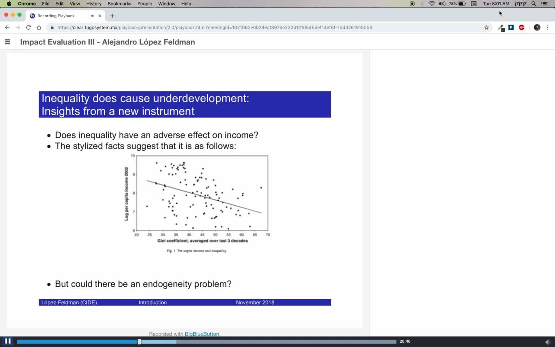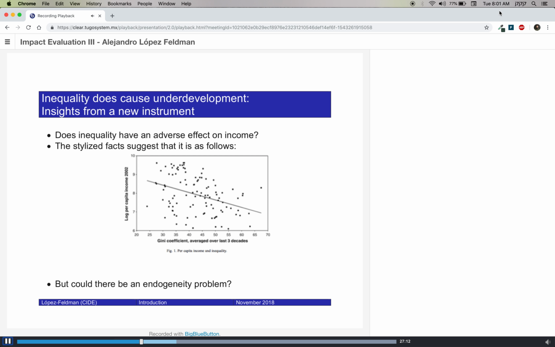So if we just have the stylized facts or data, if I have a graph like the one we have in the slide, this includes the Gini coefficient, and this is the most used measure when we talk about inequality. So it happens that when inequality increases, and here we have the logarithm of income per capita in many countries.